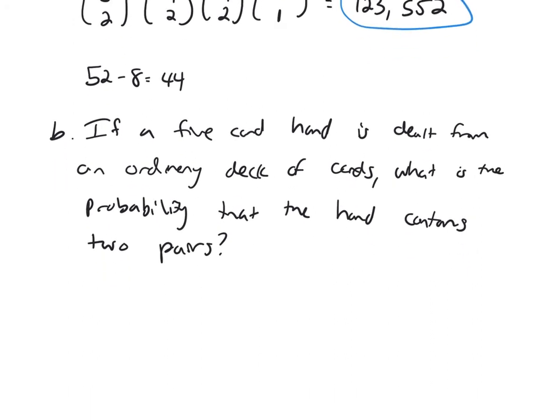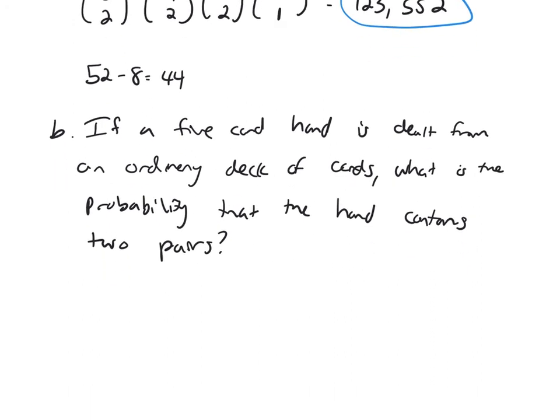Well, we need to find the total number of all 5-card hands. So there's 52 cards, and we're going to select 5 of them.